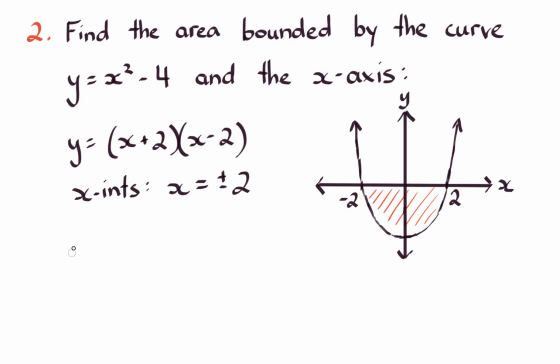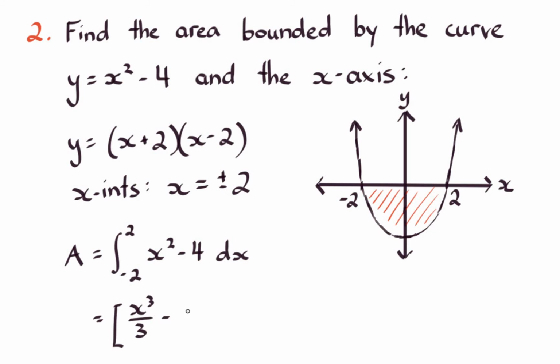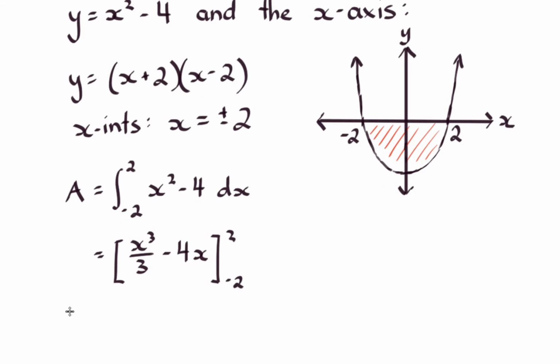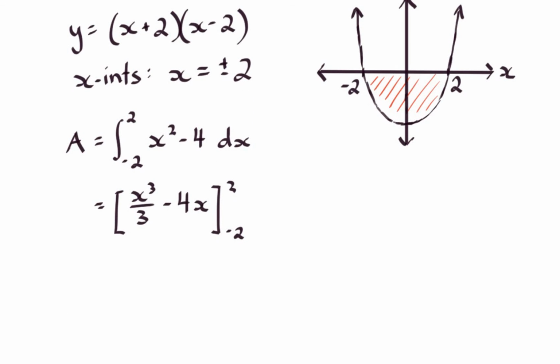So let's see what happens when we take the integral. In this case, it's between -2 and 2, and it's the integral of x squared minus 4. X squared becomes x cubed on 3, and the minus 4 becomes minus 4x. Once again, we will apply the fundamental theorem of calculus. So let's substitute in our first value.